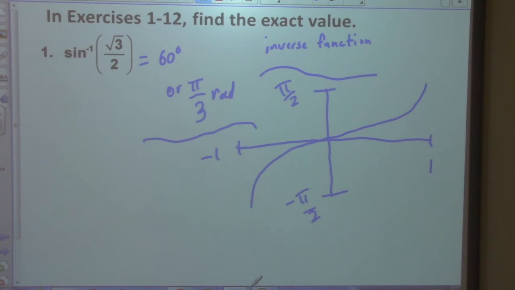So here it says inverse sine. What we're looking for is the angle that produces the sine. And here's your sine value, your y value, right? So here you see your sine is square root of 3 over 2, and the angle it takes for that to happen is pi over 3 radians or 60 degrees. Okay. All right.